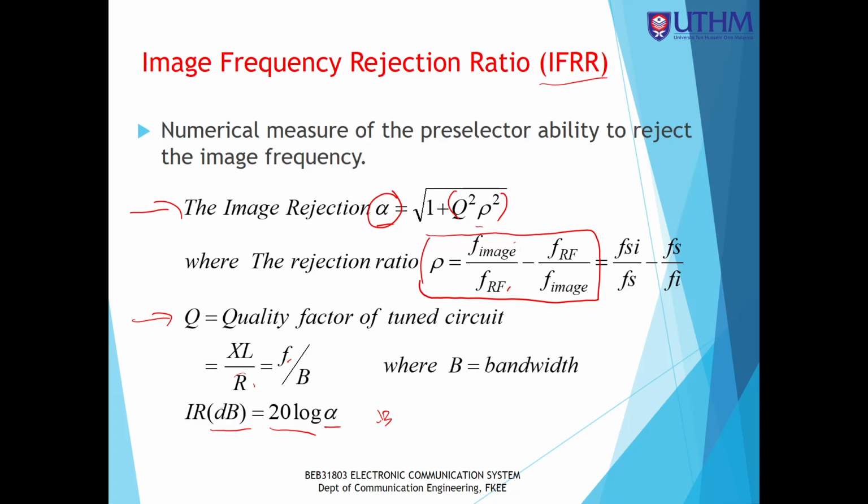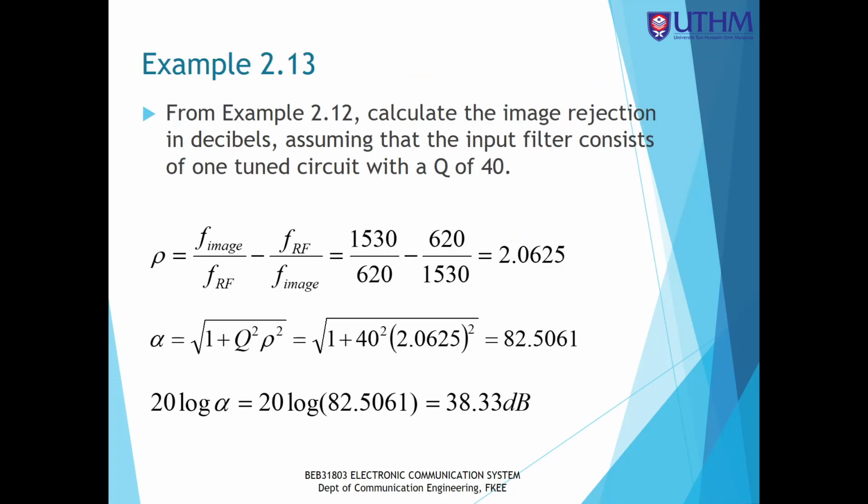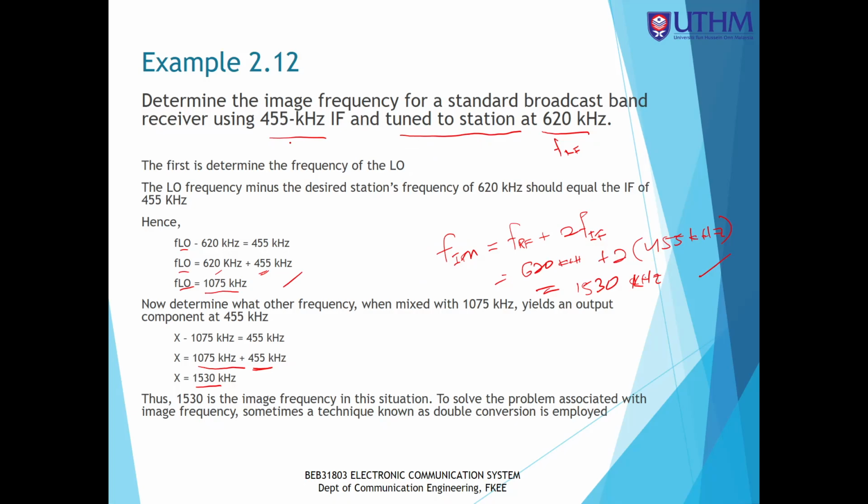If you want to see the example, from the previous example, calculate the image rejection in decibel, assuming that the input filter consists of a tuned circuit with Q parameter of 40. Remember, in the previous example, we already got the image frequency as 1530 kilohertz.